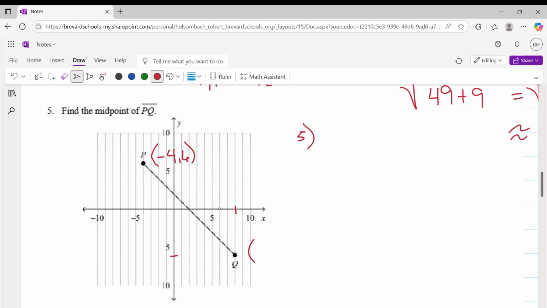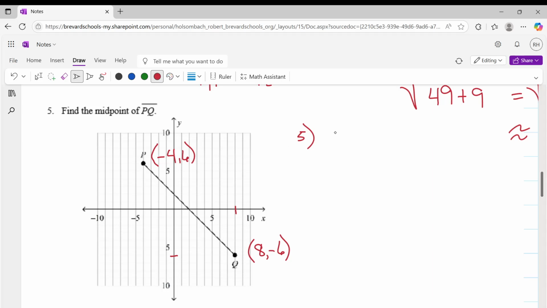Q is at 5, 6, 7, 8, and -6. So we're going to add. When you're finding the midpoint, you add. All right? When you're doing distance, you subtract.